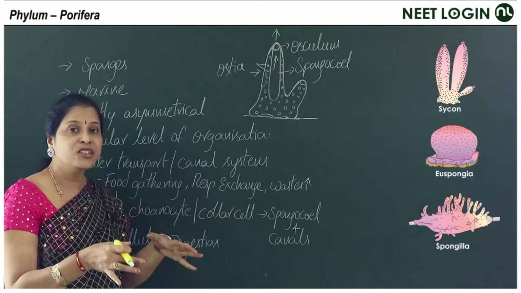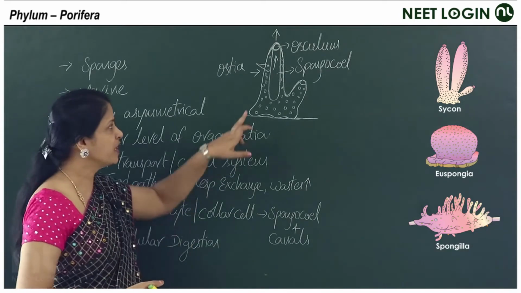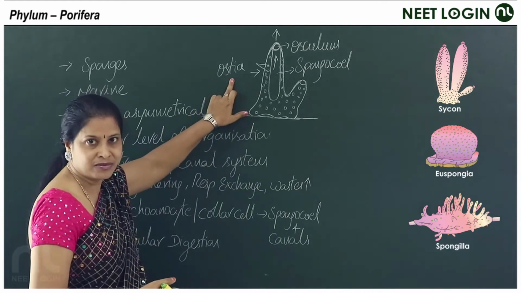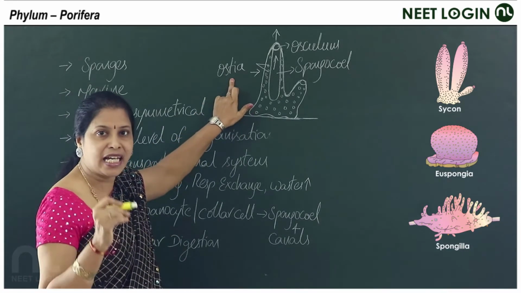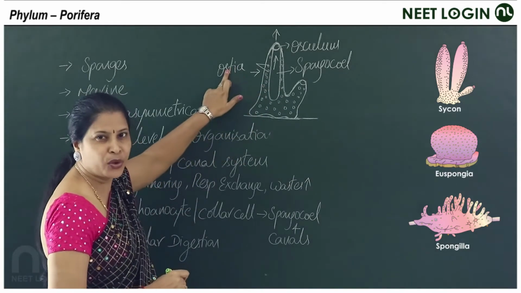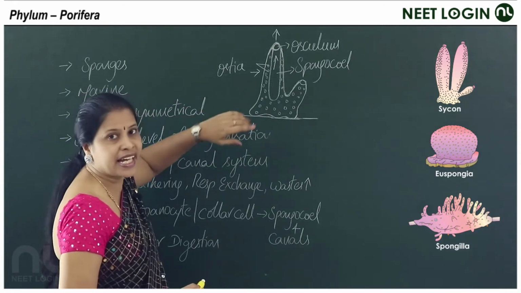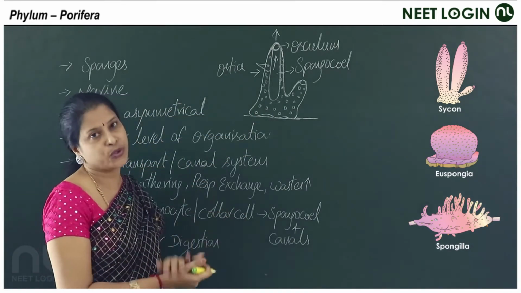And this unique canal system has the ostia. These are the inhalant apertures through which the water enters. Here we are showing the marks, which indicate the water entering through these ostia.